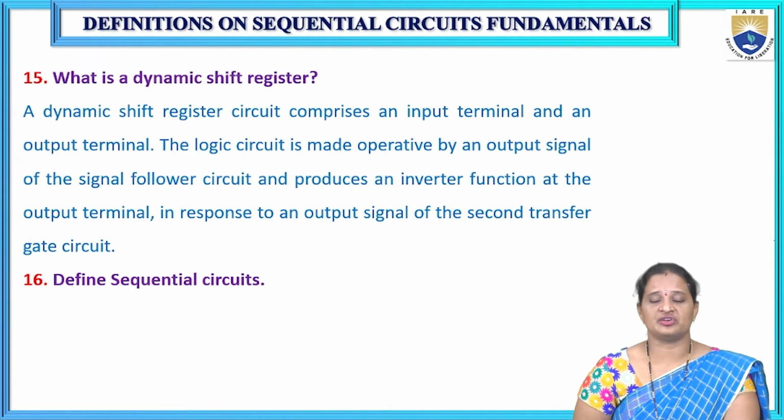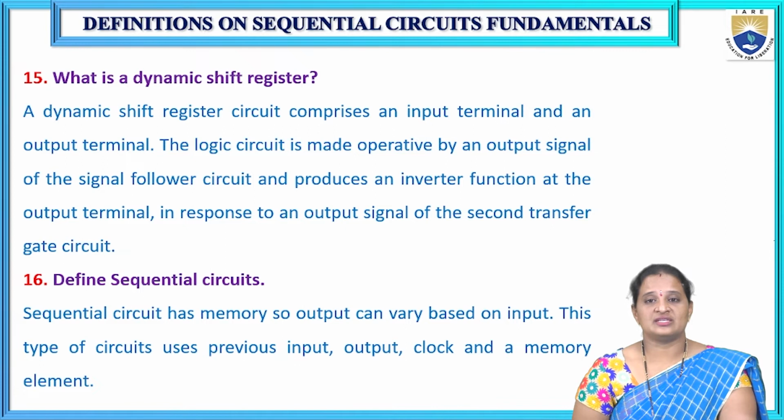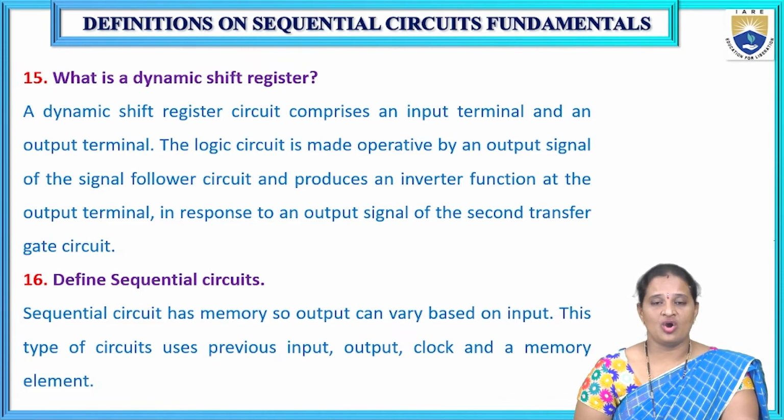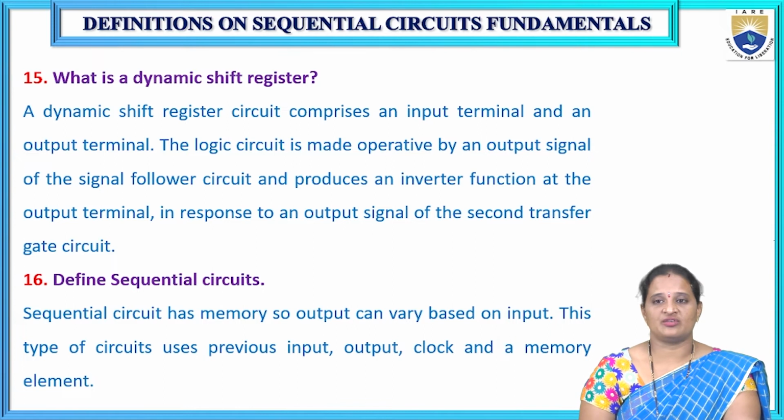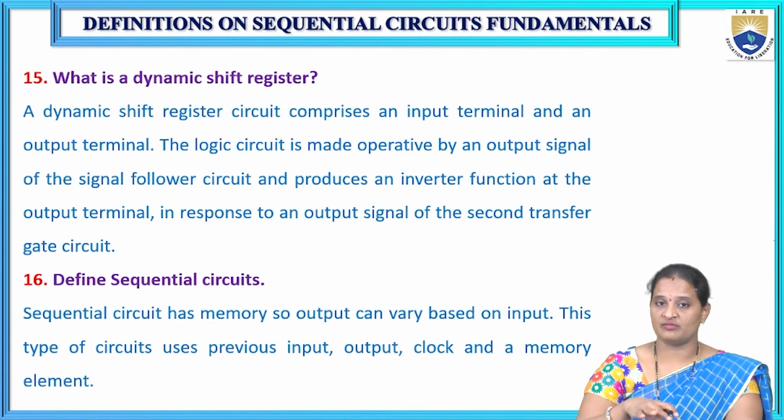Define a sequential circuit. How can we define a sequential circuit? A sequential circuit is a digital circuit in which the output is a function of the present input as well as the present state of the circuit. Present state is nothing but the previous output of the circuit.